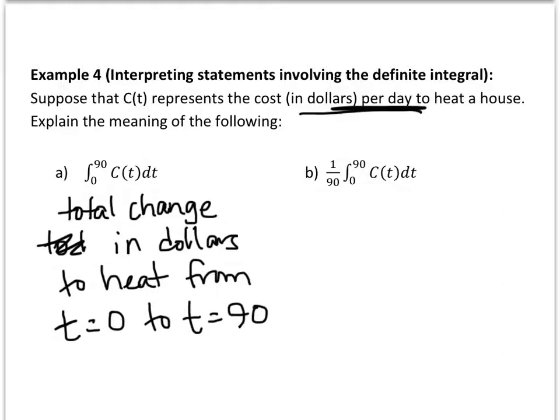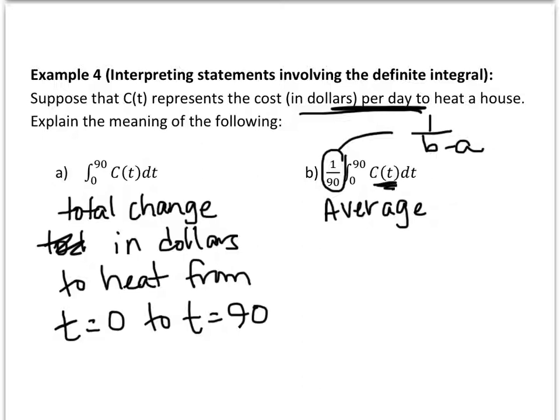So in my explanation, I want to mention both what I'm finding, the total change in dollars, and then the time values over which I've found it. In this formula, I see this 1 over 90 out here, and I see that that's 1 over b minus a. It's in that form. So that's telling me that I'm finding an average value. So this is the average of this function c of t.